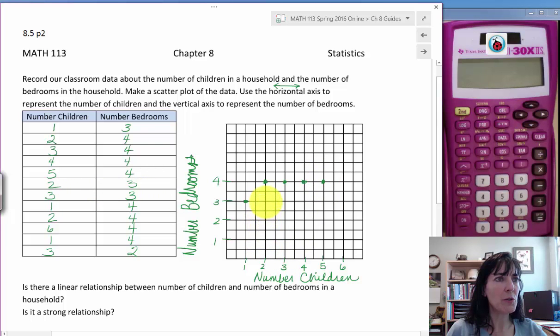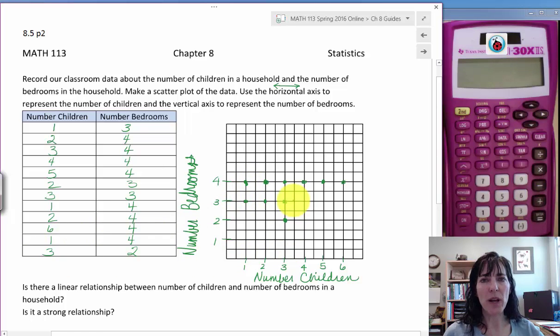It's back over to 2, up to 3. 3, 3, so 3, 3. 1, 4, 1 child, 4 bedrooms. 2, 4, I have another one here at 2. 6, 4, heavens, a lot of 4-bedroom houses in this group. 1, 4, I already have that one marked, and 3, 2.